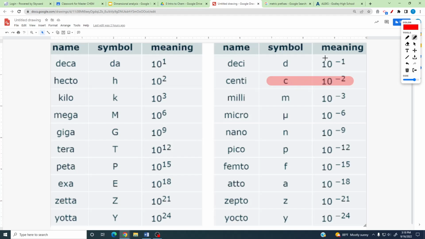In fact, this whole column, meaning on both sides, would always be associated with the base unit every single time. You always associate scientific notation with the base unit using this particular conversion chart. So again, 1 centimeter is 10 to the negative 2 meters.